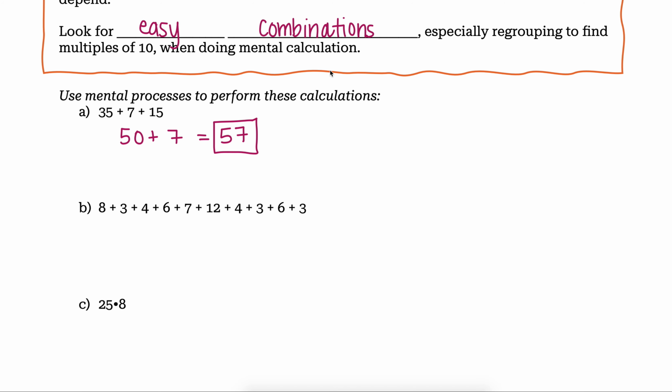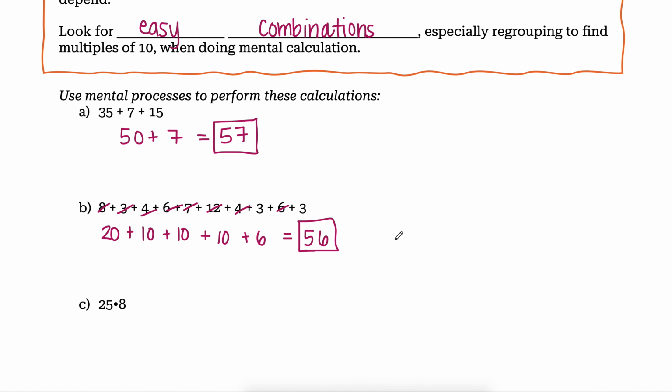So here's how it would work with this long string of numbers. 8 and 12 make 20. 3 and 7 make 10. 4 and 6 make another 10. 4 and 6 again make 10. And then 3 plus 3 makes 6 at the end. So what do I have? 20, 30, 40, 56. It's just a quicker way to add. When we're adding multiples of 10, it just goes that much quicker.